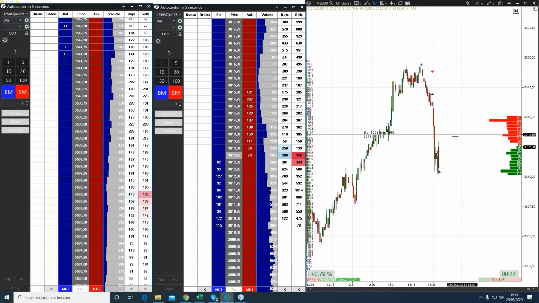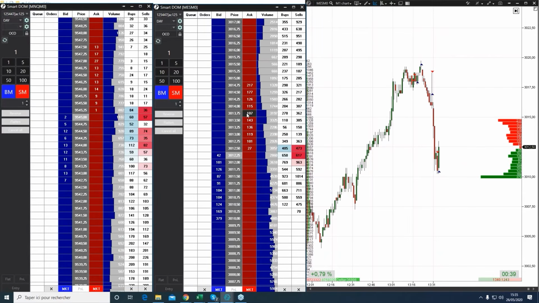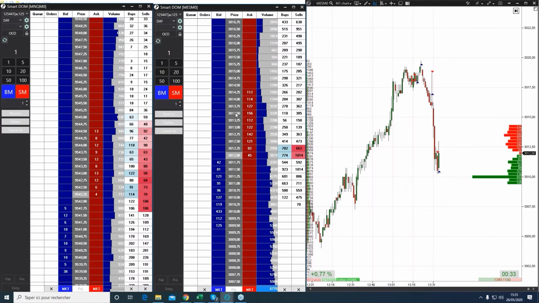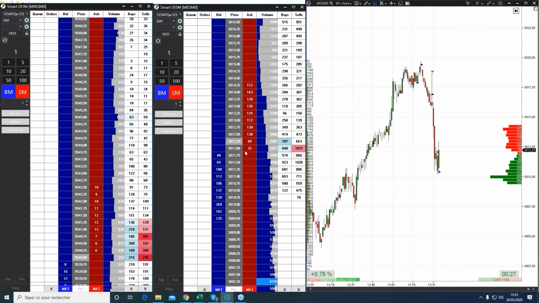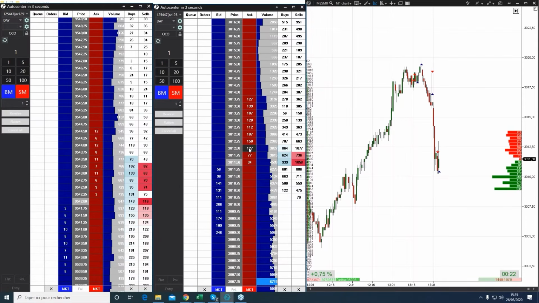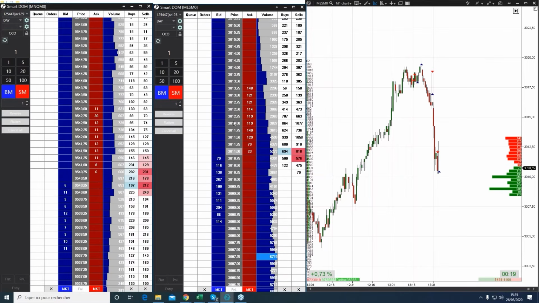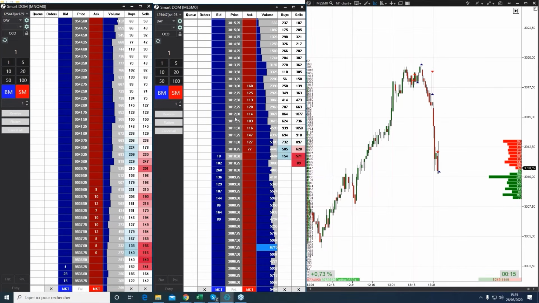I will try to make a new short in these levels if the market stops at this price. Here you see that there are sellers who stop the market at these levels. So I do it here.